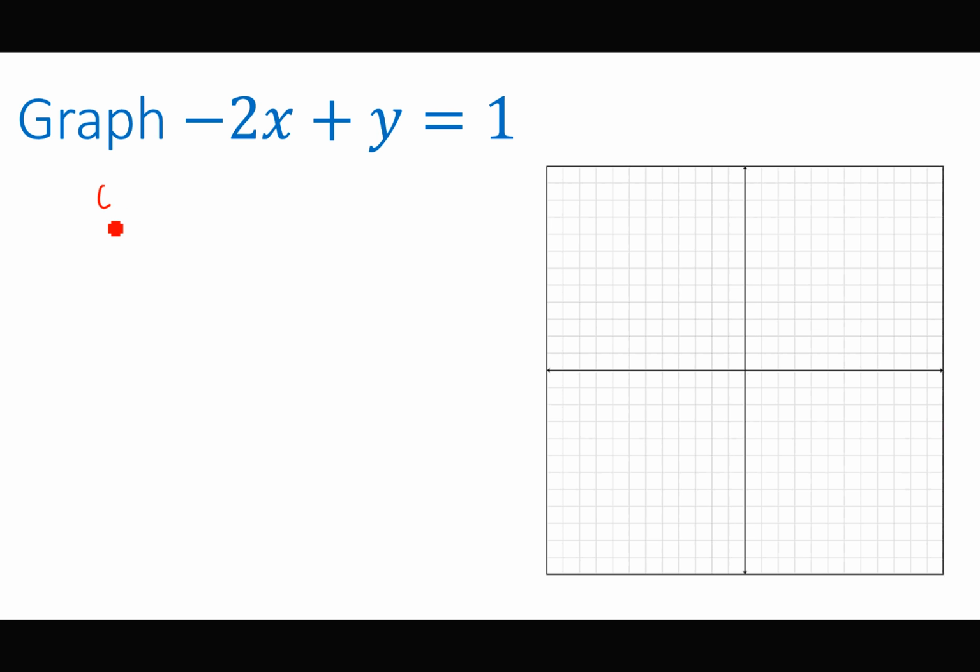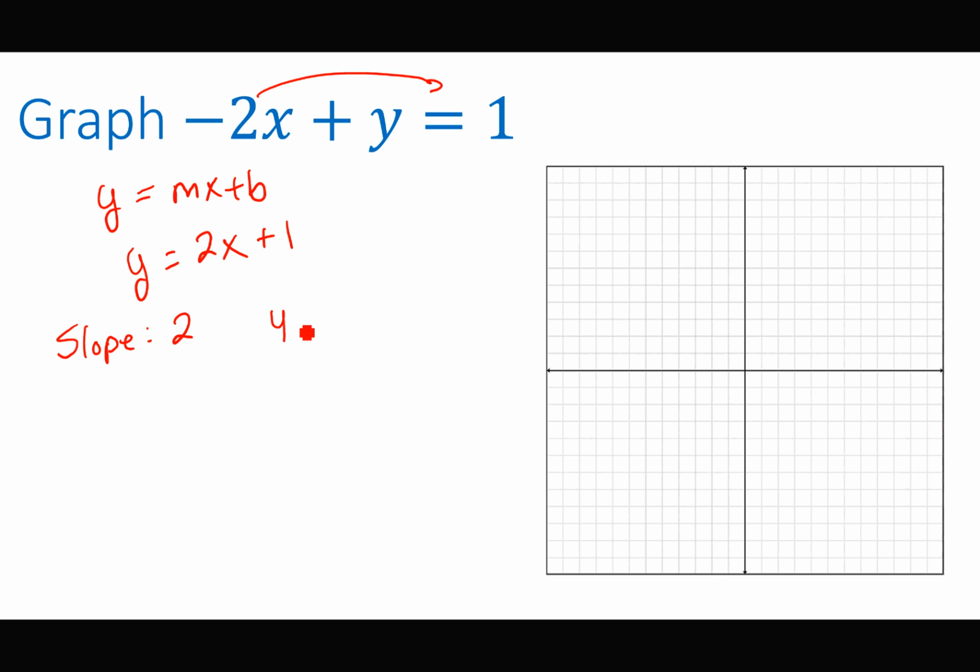All right, so if I were to write this in y equals mx plus b form, I'm going to have y equals, if I move this to the other side, I'd have to add 2x, so it's a positive 2x. The 1 is already there, so I'm going to leave it as a positive 1. So now I have y equals 2x plus 1. From this, I can recognize, well, my slope is 2, and my y-intercept is 1.